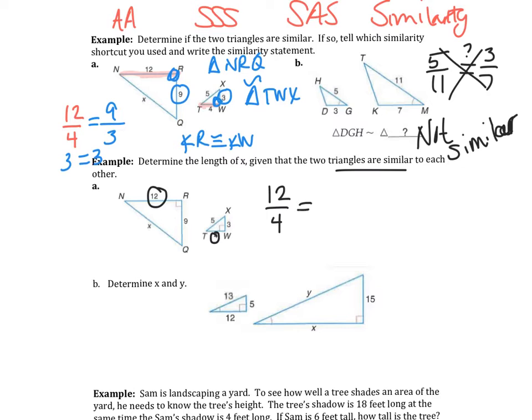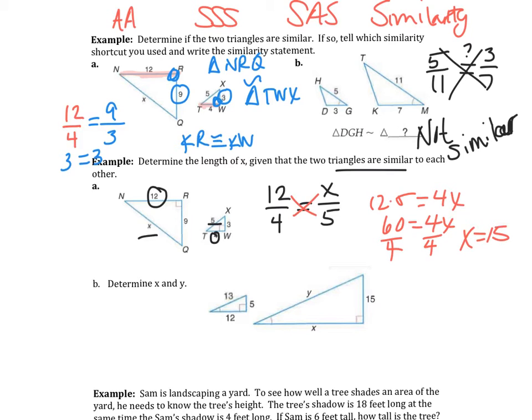And I'm going to set that equal to my hypotenuse over my hypotenuse, so x over 5. To solve this, we're going to use our cross products. 12 times 5 equals 4 times x. 60 equals 4x. Divide both sides by 4. I have x is equal to 15.